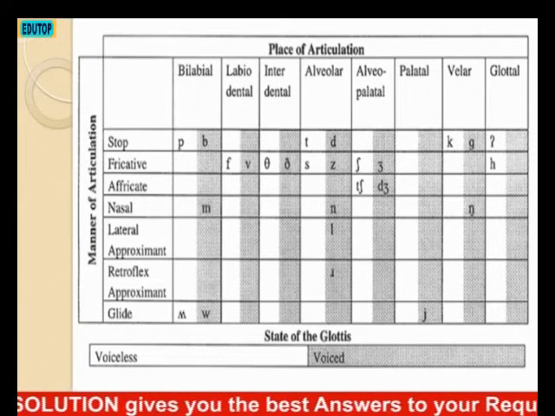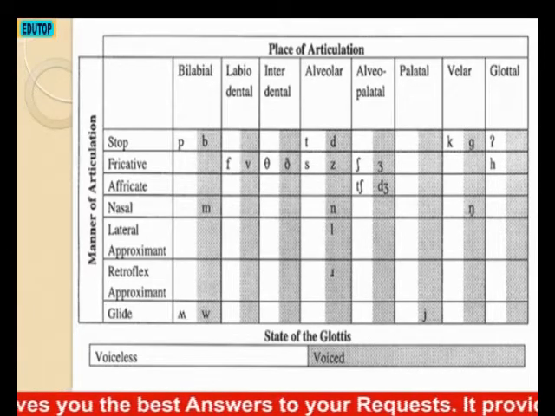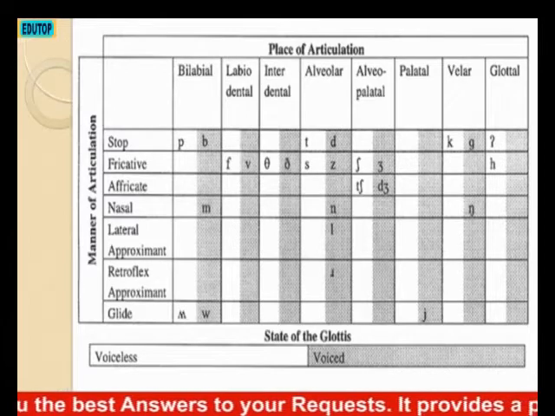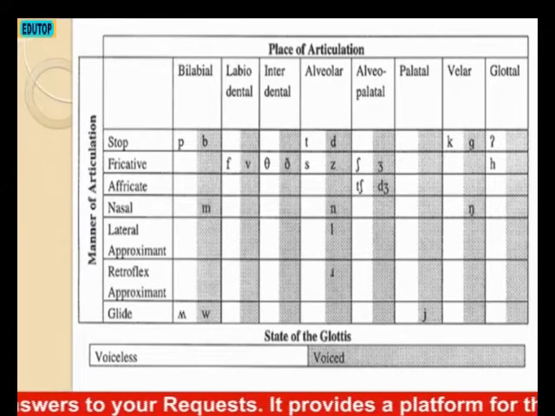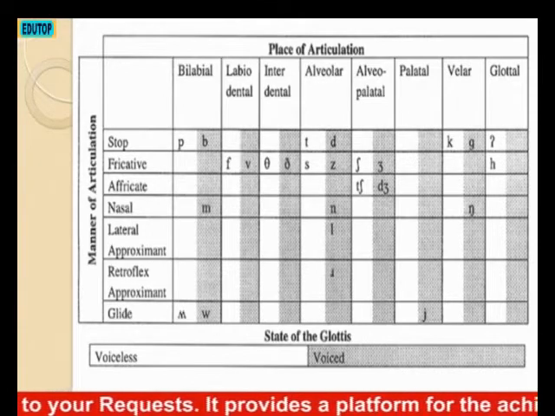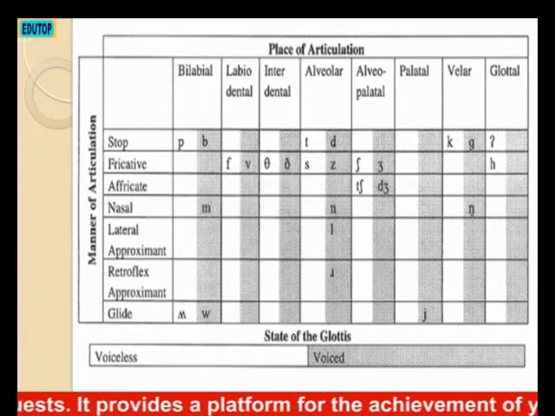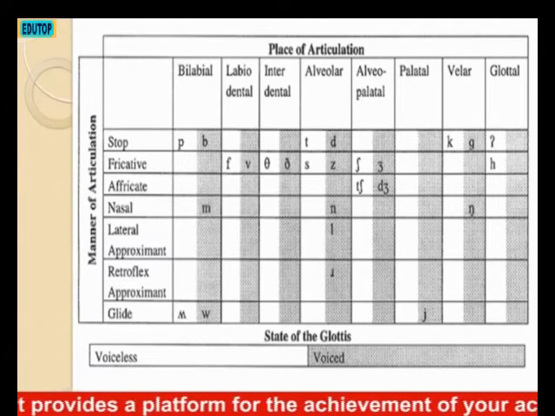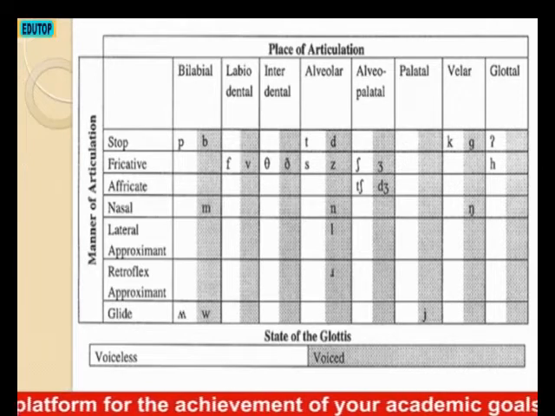That is to tell you that they describe how words or sounds are produced. Are they produced with obstruction? Are they produced with a blockage of air coming out from the mouth? Are they produced with a partial obstruction, and so on? These describe how sounds are produced, the manner at which they are produced.